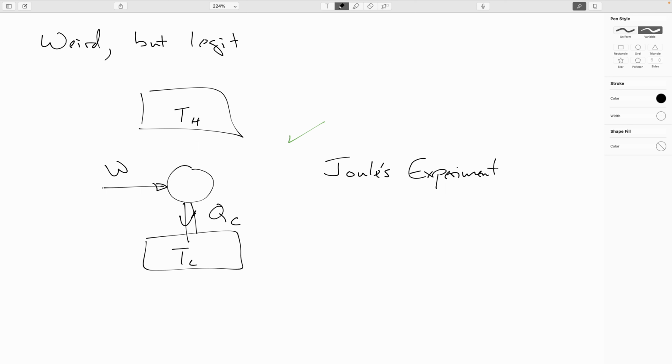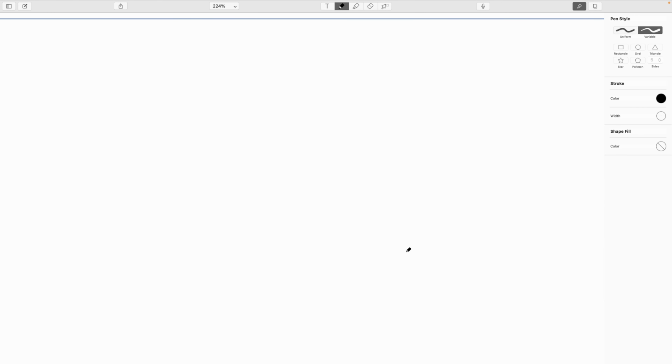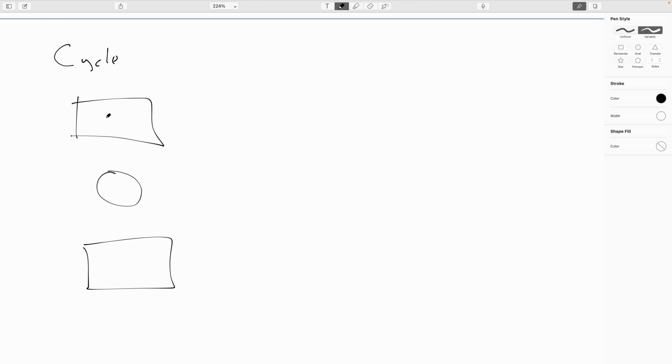All right, that's all well and good, but usually we're interested in heat engines that can actually run repeatedly. So typically they're going to run in some sort of a cycle. So then we'll get the more standard T hot, T cold, Q hot, Q cold, and we're hoping to extract work out from the system.